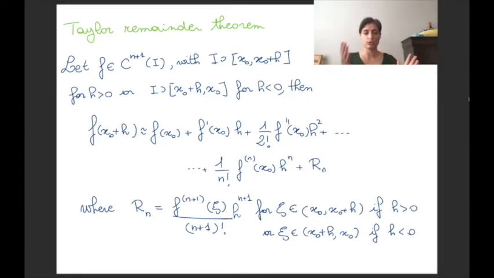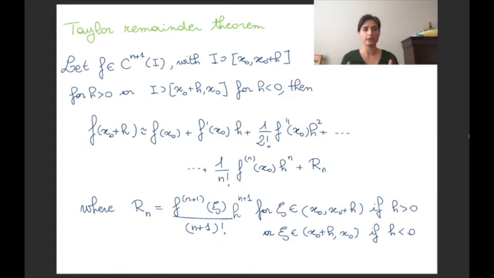So the first terms in here are the standard Taylor series. So f(x0) plus f prime of x0 times h plus 1 over 2 factorial second derivative of f at x0 times h squared, and we keep on adding this nth derivative of f, all computed at x0, divided by n factorial times the distance to the power n, and the residual.